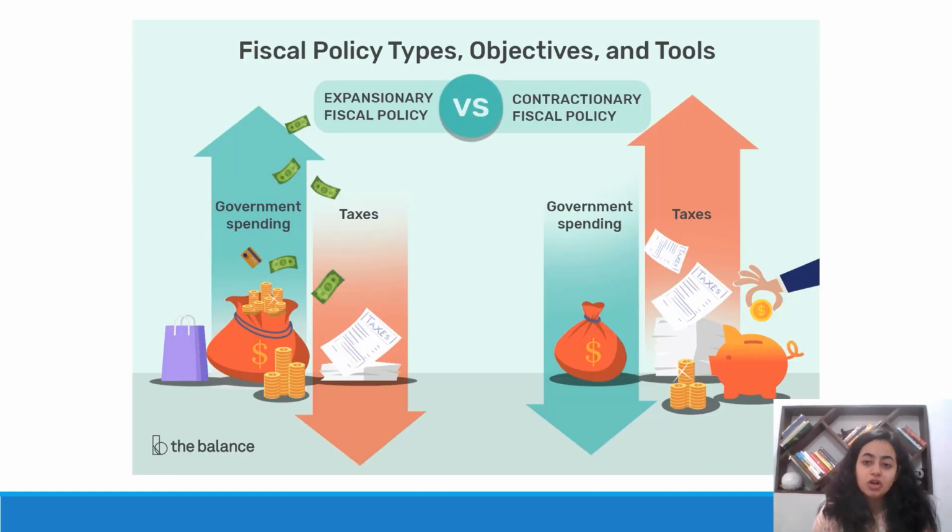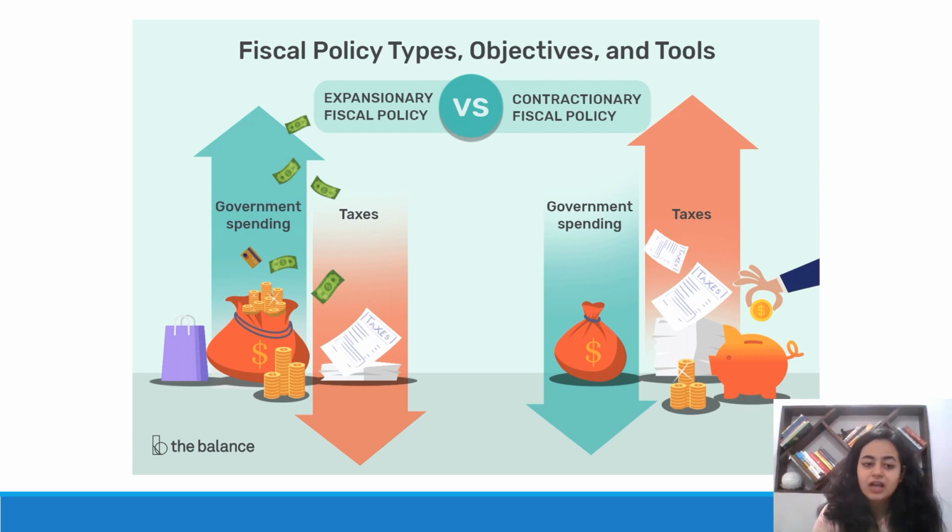Similarly, like in the monetary policy, here also we have two types of fiscal policies, which is expansionary and contractionary. In the expansionary policy, we are trying to expand, we can say, the circular flow of income, or we are trying to expand the economy as a whole. So to expand that, we will reduce the taxes or we can increase the government spending.